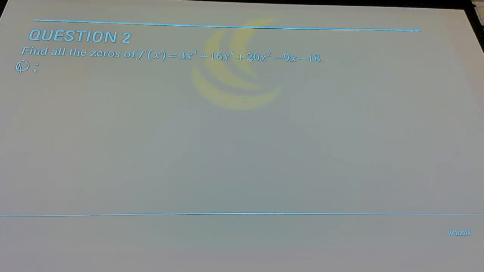Well, again, 1's one of them. So list those out. Now take each of those and divide it by 3, because 3 was a factor of the leading coefficient.